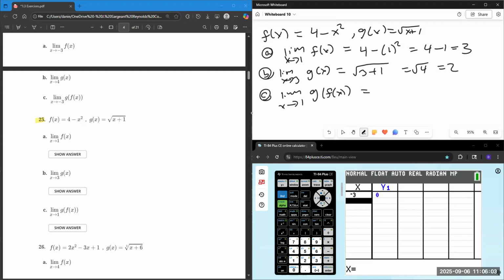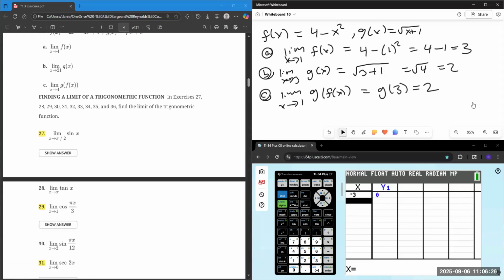I already found limit as x approaches 1 of f. So this is going to be g of 3, which I just found here was 2. So using the previous answers, I can evaluate there.